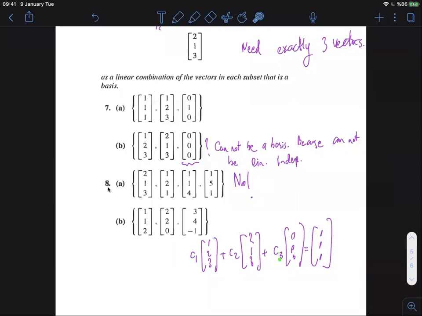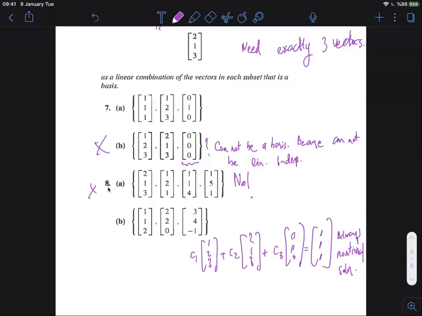So this system always has non-trivial solutions. So you see, you cannot put the zero vector in any basis, okay? Basis vectors must be different than zero. If you see zero, that's not a basis. So we excluded these two, so these two cannot be bases.